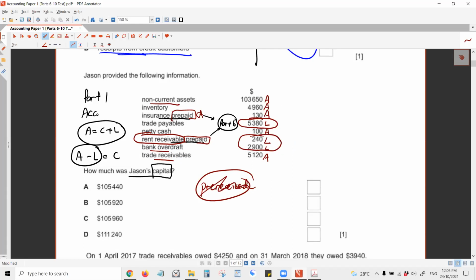So I circle those L because there are only 3 liabilities. Okay, so now calculate. Okay, everyone give me an answer after you have calculated. Okay, so Crystal, your answer is wrong. The first answer that you gave to me.